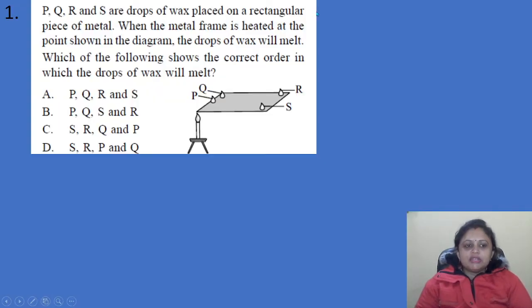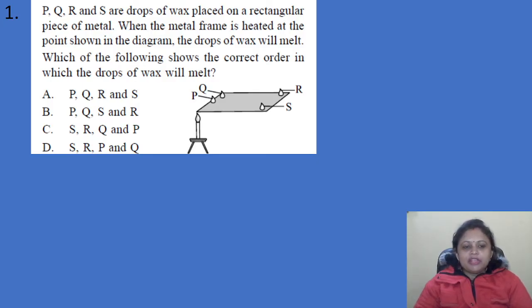Our first question: P, Q, R and S are drops of wax placed on a rectangular piece of metal. When the metal frame is heated at the point shown in the diagram, the drops of wax will melt. Which of the following shows the correct order in which the drops of wax will melt?